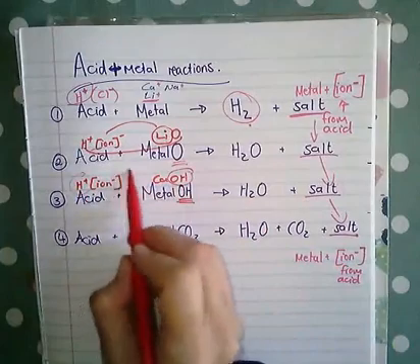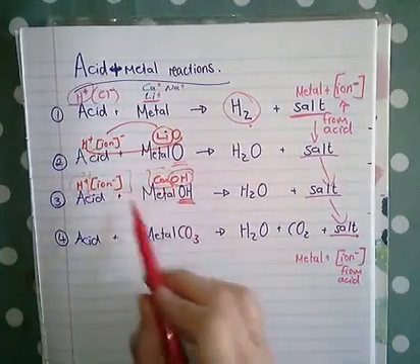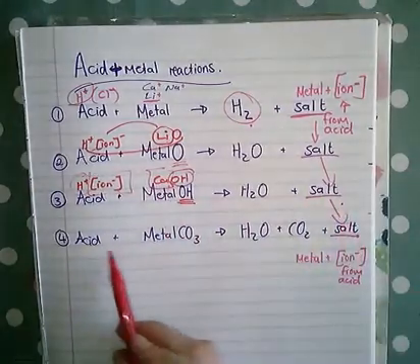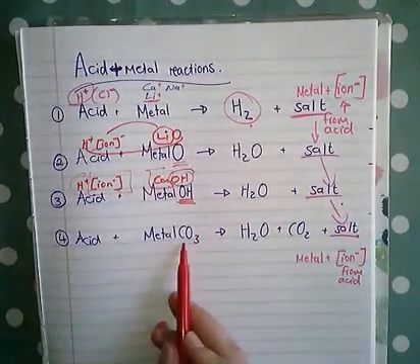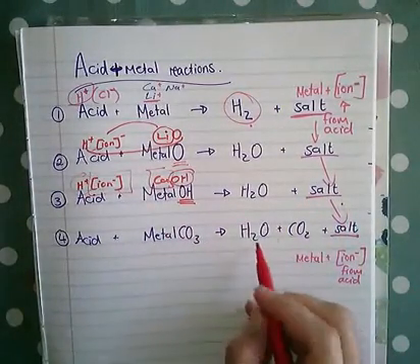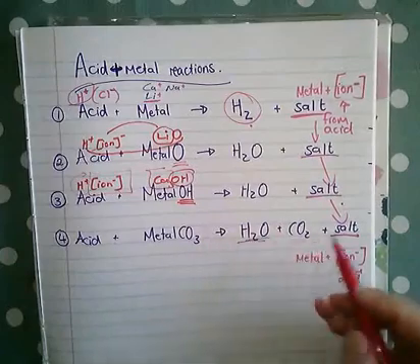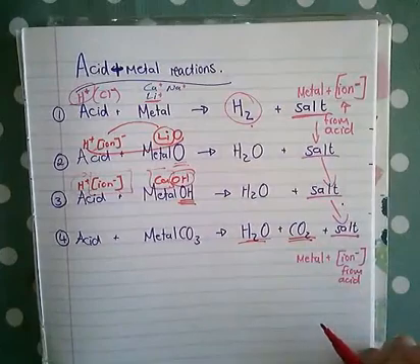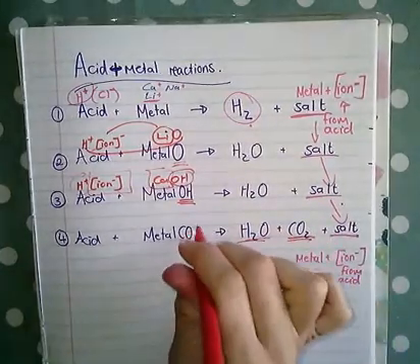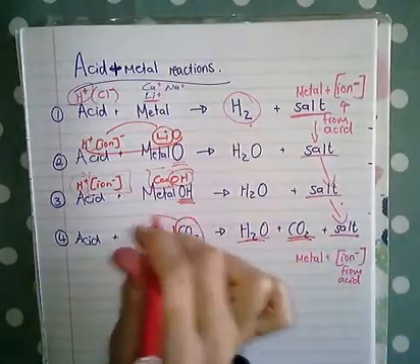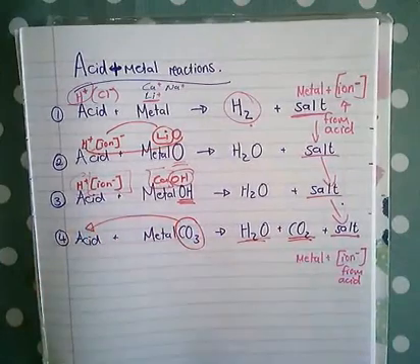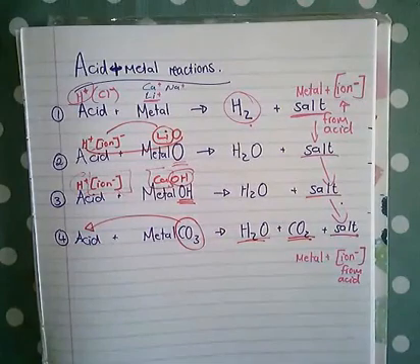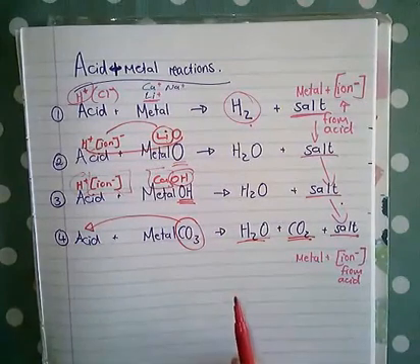Acid with a metal carbonate: your product will be water plus carbon dioxide plus the salt. And the salt will again be, sorry, not the carbonate, the metal with the negative ion of the acid.